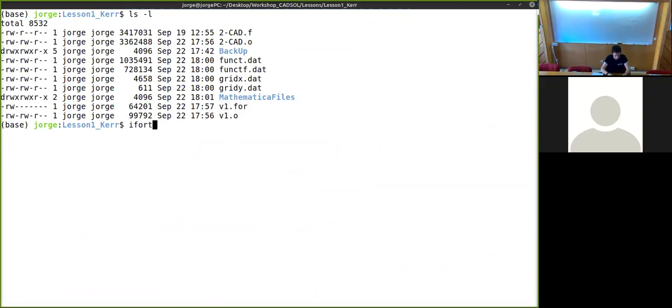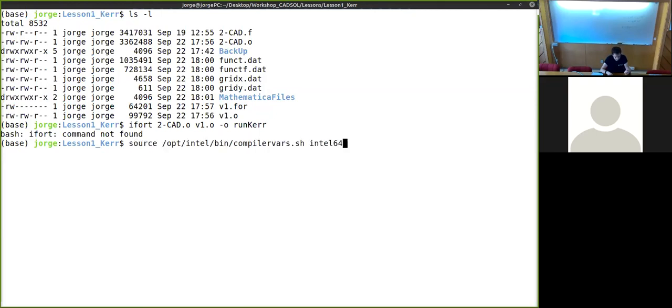Then with that, you can do ifort with the outputs. And you will have an output, which here I call run Kerr. Sorry, in the case of Linux, I forgot that when we install this compiler, we have to source some variables within the Fortran compiler.